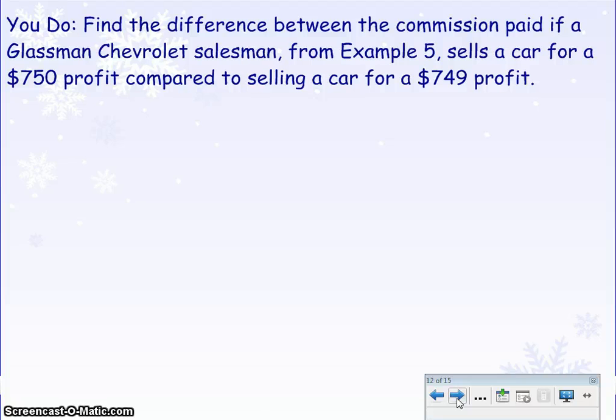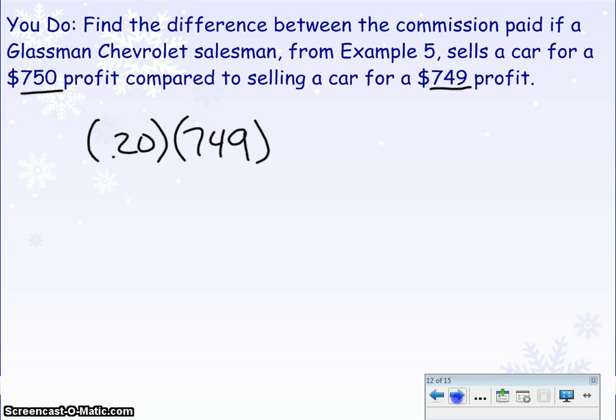All right, it says find the difference between the commission paid to a Glassman Chevrolet salesperson from example 5 if the car sells for a profit of $750 versus $749. Well, remember that the $750 was that break-off. So if it's $749, they only get paid at 20%, and in that case they would earn a commission of $149.80.